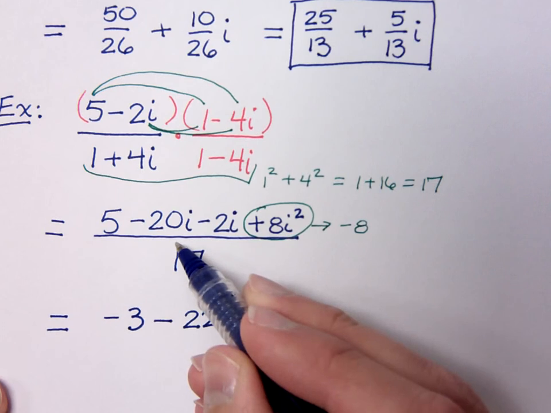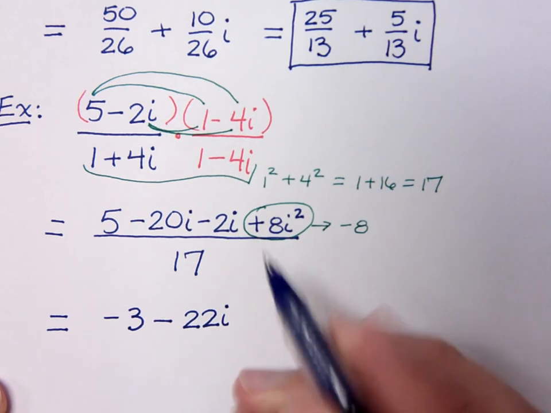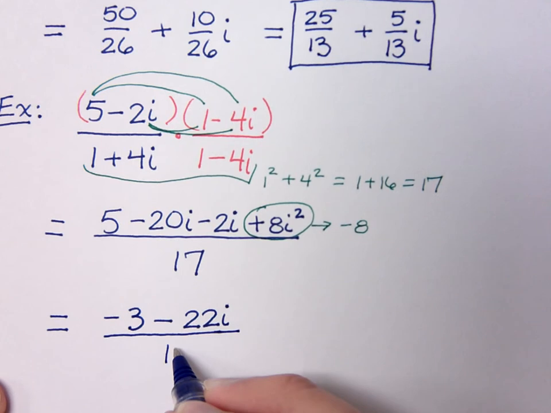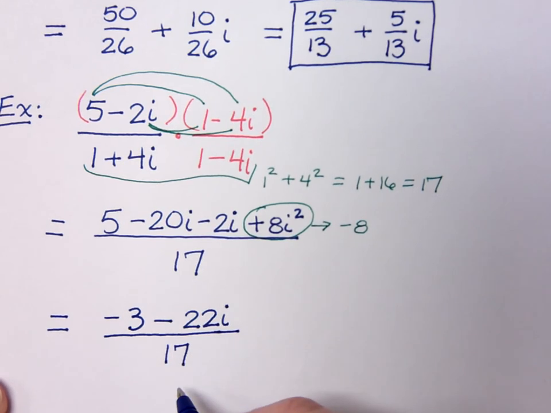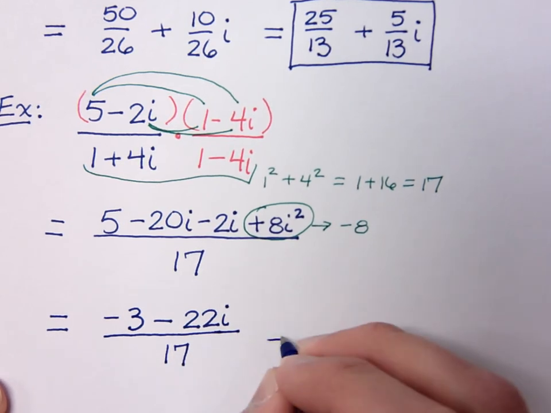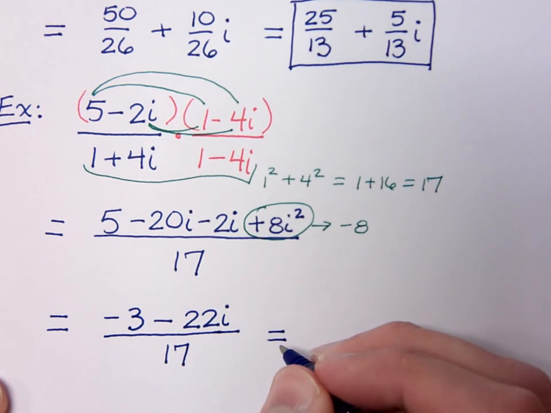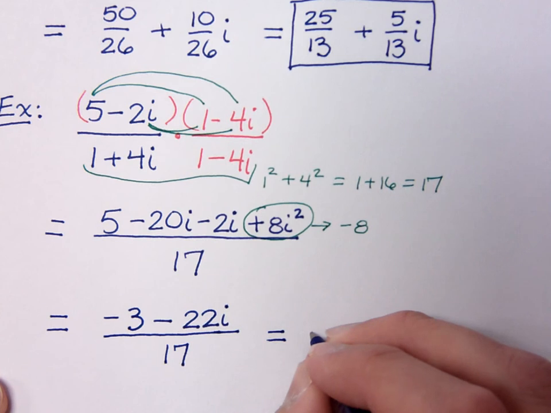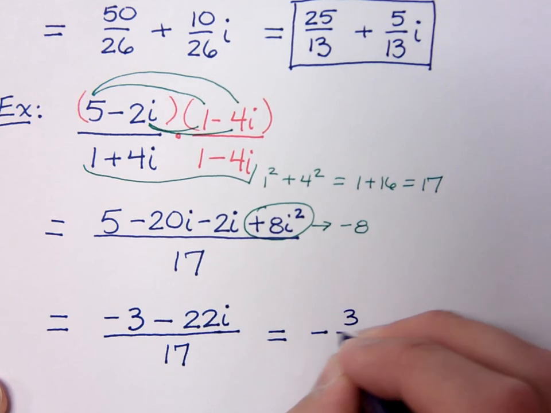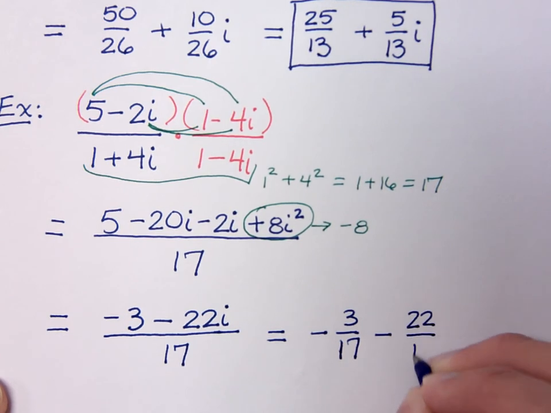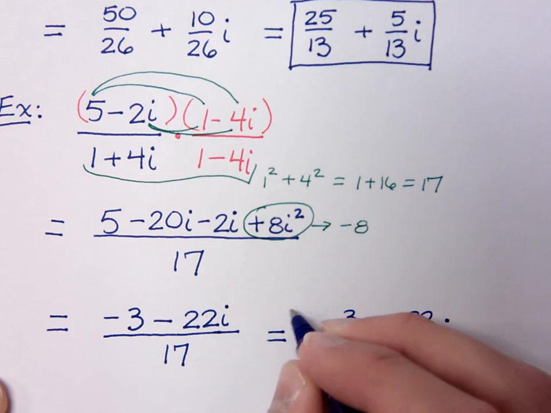You got your negative 20i, your negative 2i, and all of this is going to be divided by 17. Of course, we want to rewrite this so we have the real part and the imaginary part clearly seen. So that's going to be negative 3/17 minus 22/17 i. So there you go.